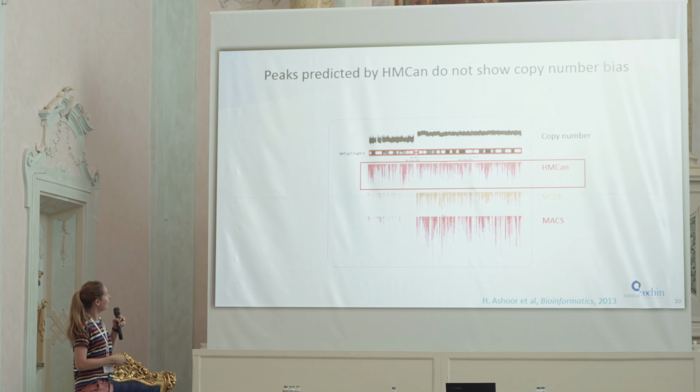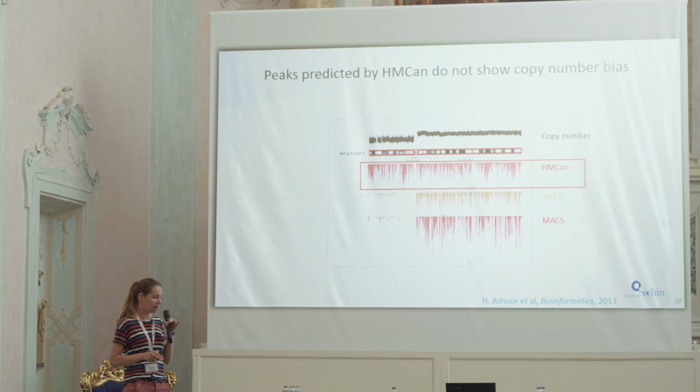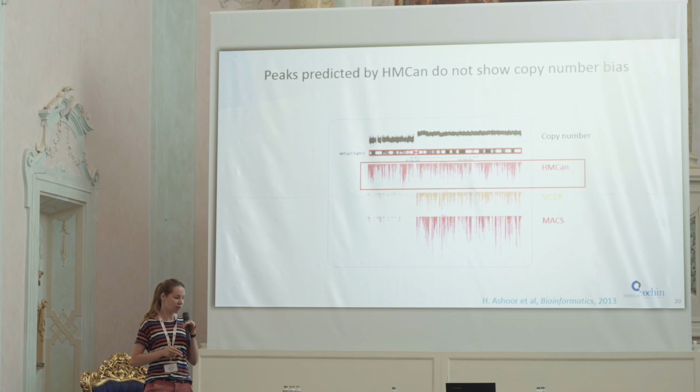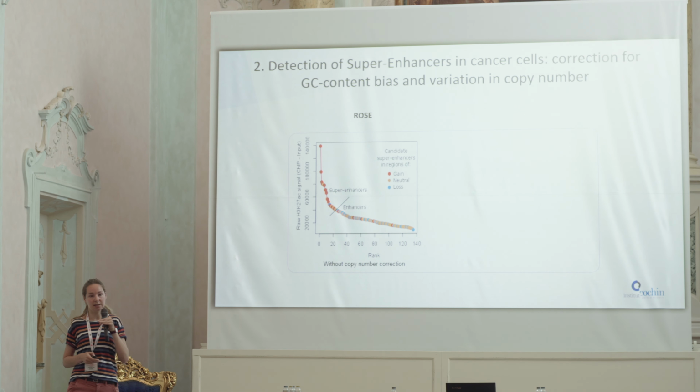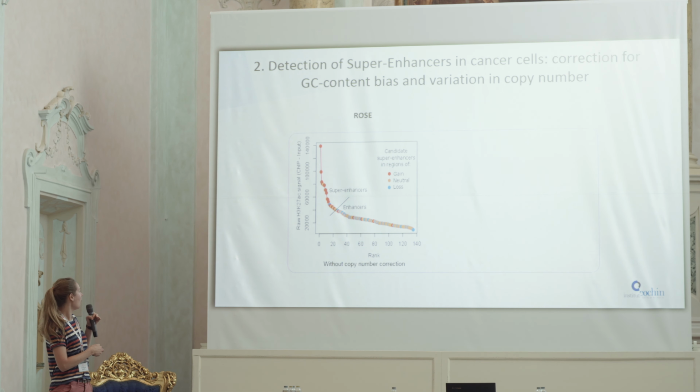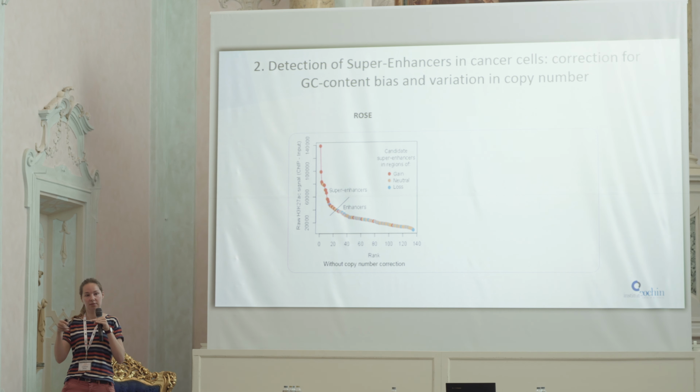All right, so this was the first step for my project, identify regions of enrichment. The second step is to identify super enhancers. As I told you, the canonical method to find super enhancers is called ROSE, and it's based on simply counting the number of reads for K27 acetylation minus the number of reads in the input control and ranking candidate super enhancers according to this number of reads.